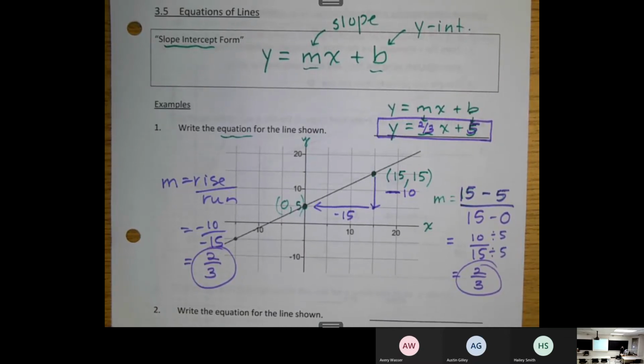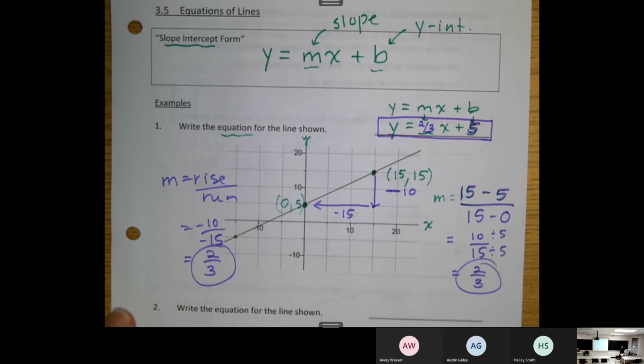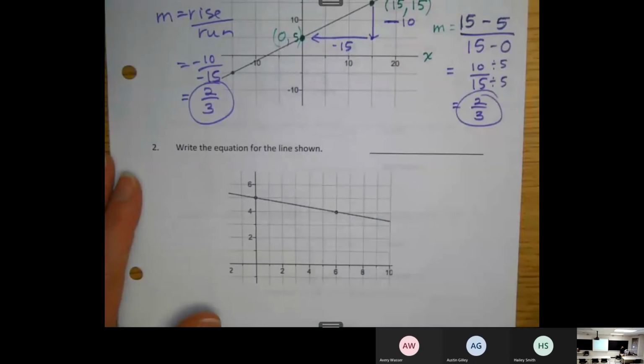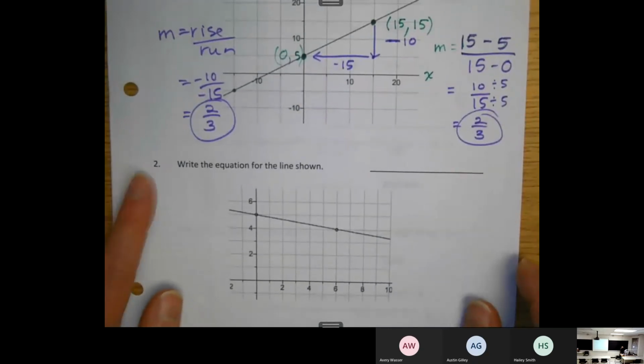Here's a similar example below. Why don't you see if you could find the slope and the y-intercept and use that to write the equation of line number 2.